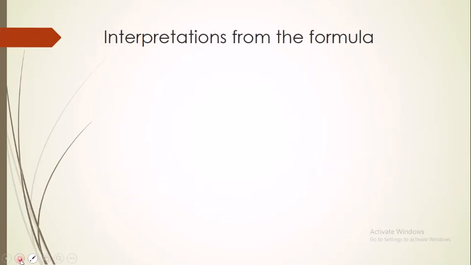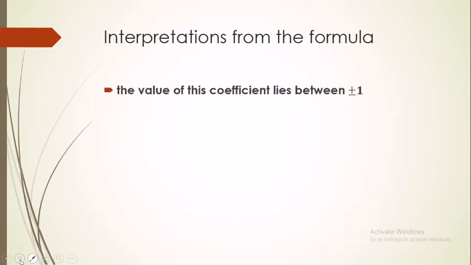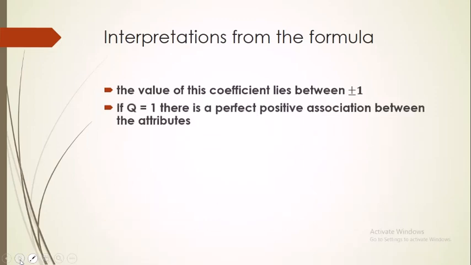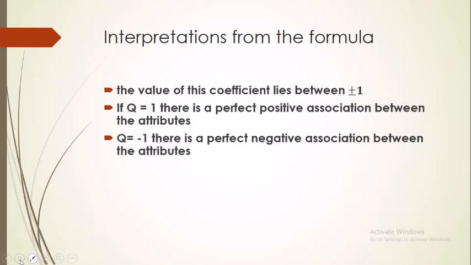Now, after doing a problem, you can make some inferences by using this particular Q, or Yule's coefficient. The value of this coefficient lies between plus and minus 1. If Q is equal to plus 1, there is a perfect positive association between the attributes.